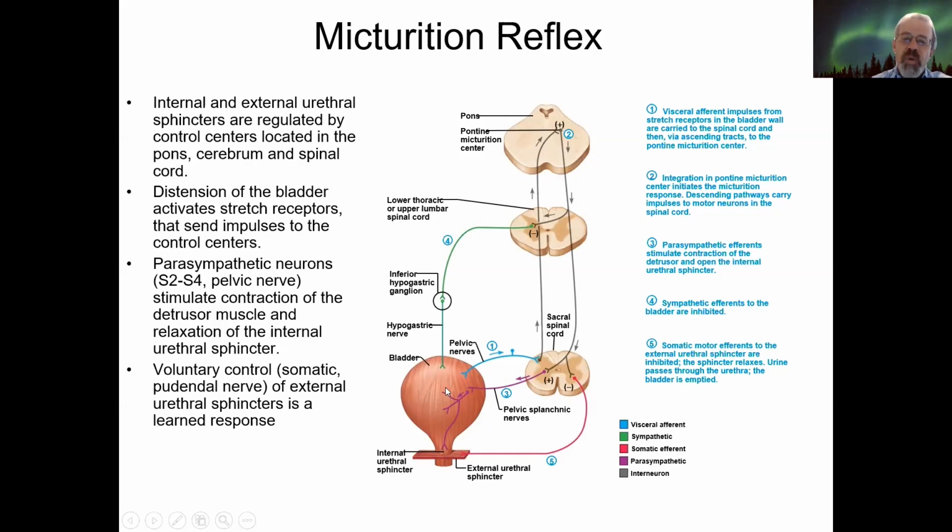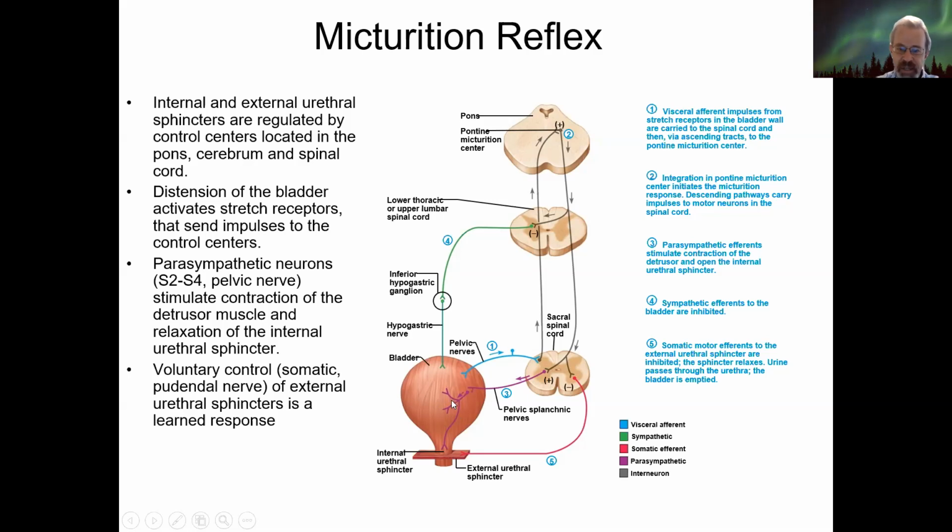So stretch receptors activate this neuron, which goes up the sacral portion of the spinal cord, up through the pelvic nerve, up to the pons, back down through the spinal cord by way of the parasympathetic system through this purple nerve, innervates the detrusor muscle, stimulates contraction, which is going to squeeze the urine out through the internal urethral sphincter, which is now relaxed.